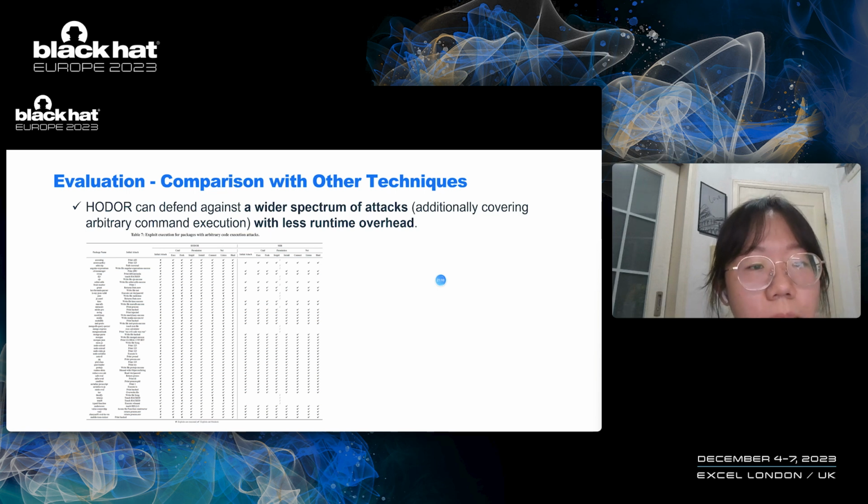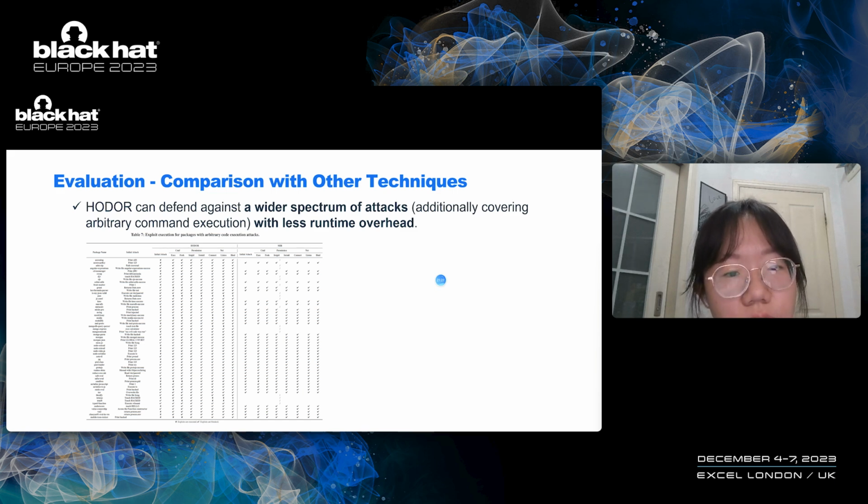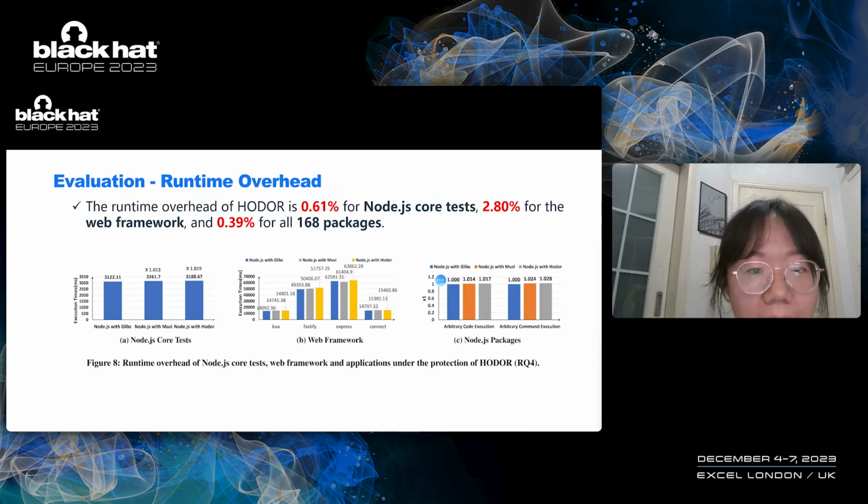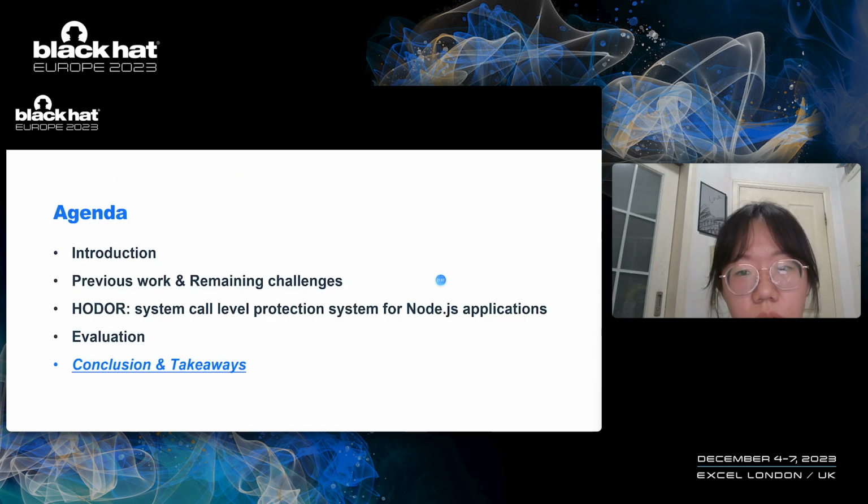And we compare HODOR with the state-of-the-art protection mechanism MIR presented in CCS, and the results show that HODOR can defend against a wider spectrum of attacks with less runtime overhead, and the overhead is negligible.